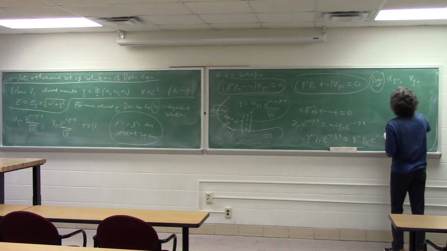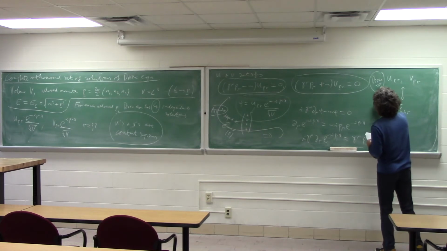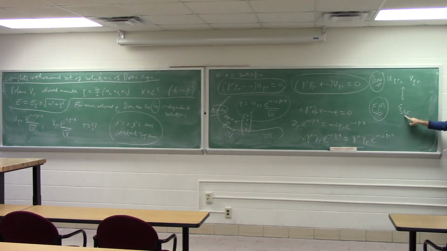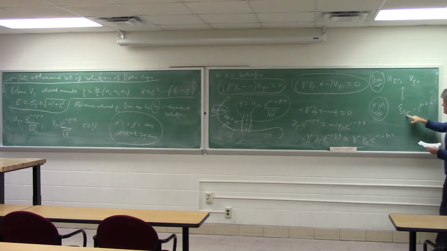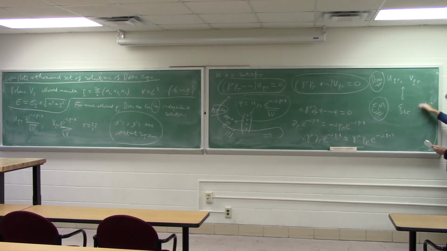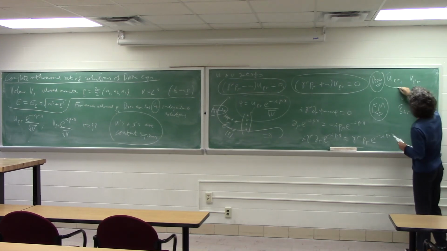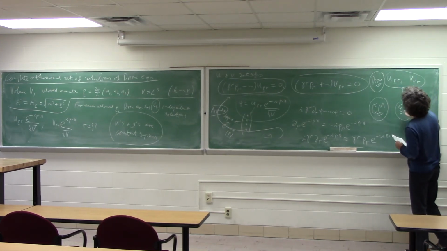These are analogues of, you remember for the electromagnetic field, we had these little polarization vectors. And the plane wave solutions that we used to expand the field were equal to these little polarization vectors times plane waves. So these quantities, the u's and v's, are analogues of these things here.